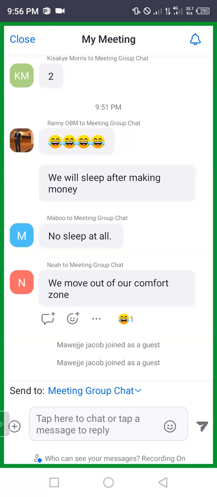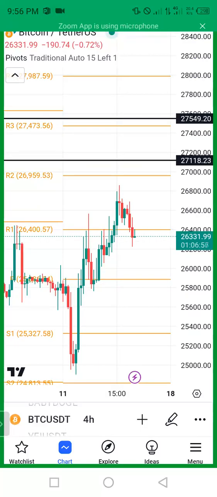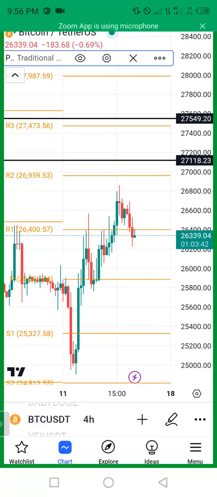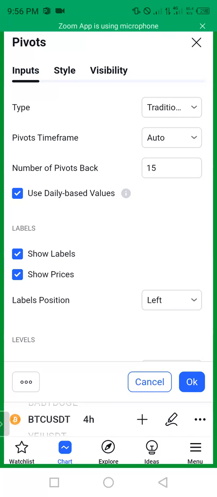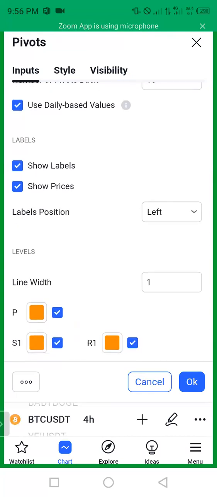Have we understood, ladies and gentlemen? Have we understood how to use the pivot point standard? Let us see its settings. Does it have settings? Let me check. We click on it, we go to this settings icon, and then we see inputs. Inputs, nothing much.